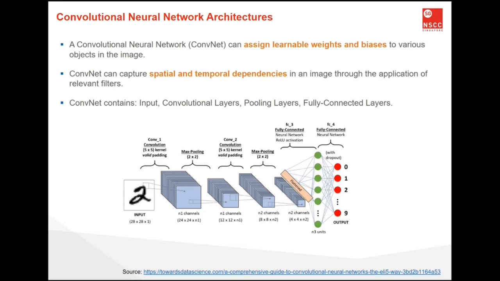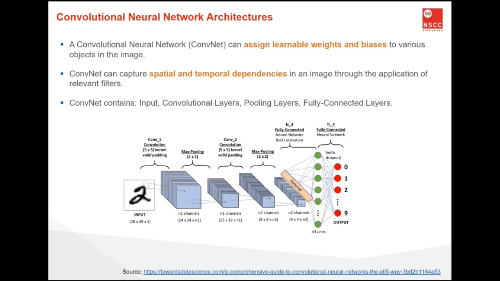A simple convolutional neural network architecture will have these components. The input layer will hold the raw pixel values of the image, in this case, an image of width 28, height 28, and channel of 1. Then we will have the convolutional layer.